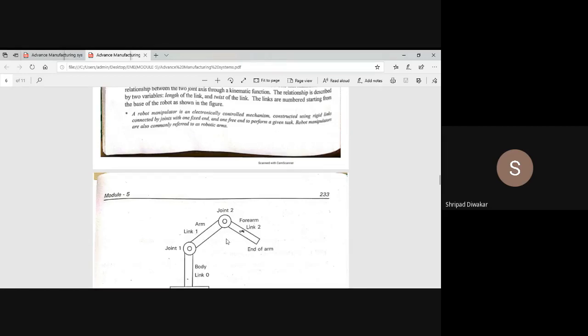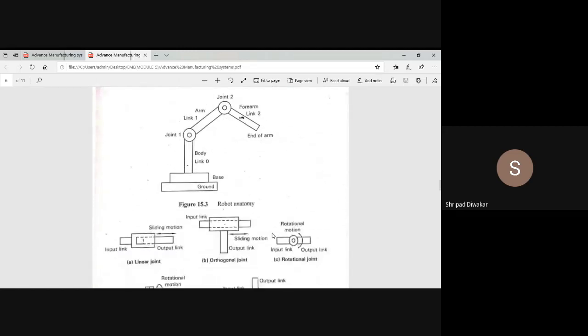Sometimes we have a short link, and in some cases a large link, depending upon the variety of task. And the second one is twist. Twist means how much it twists about its own axis. That is called the twist of the link. So these are the two parameters of a link: length of link and twist of the link, okay.